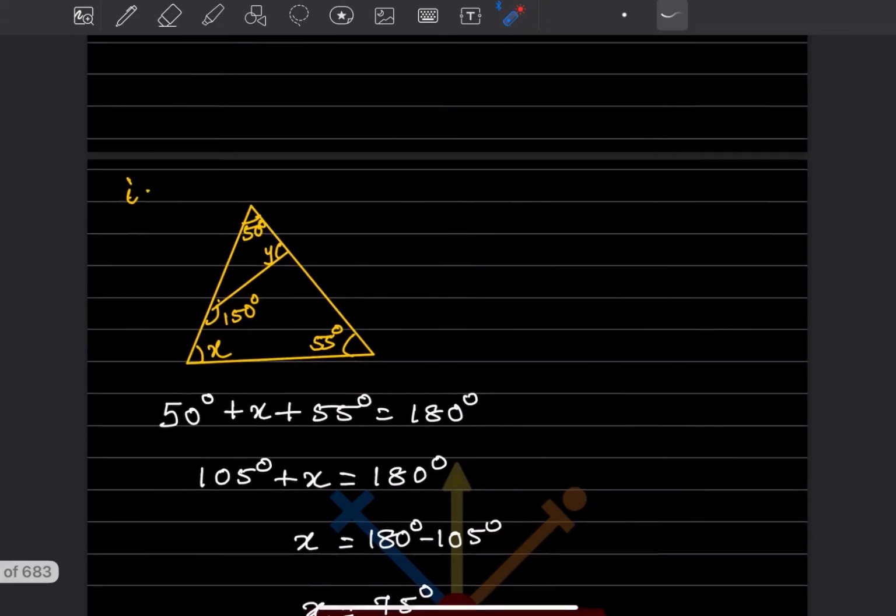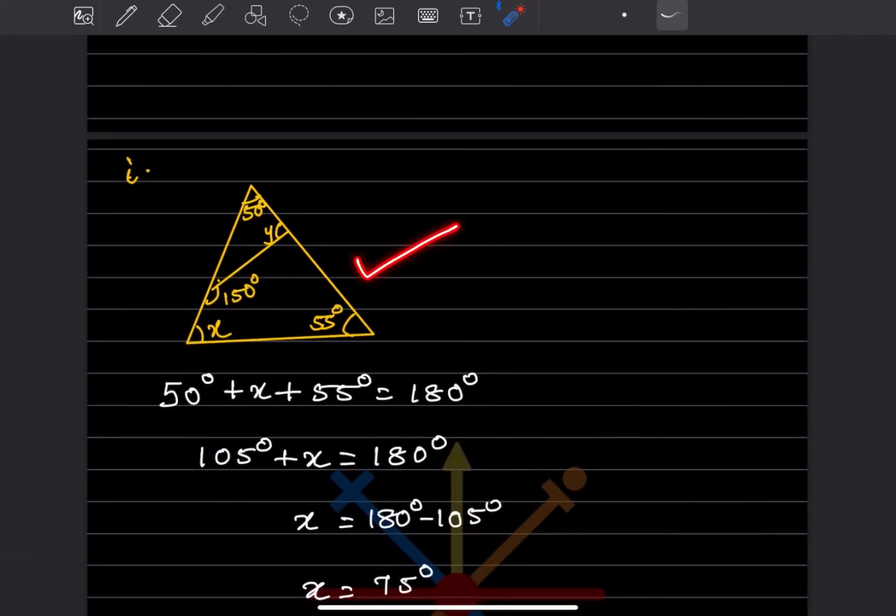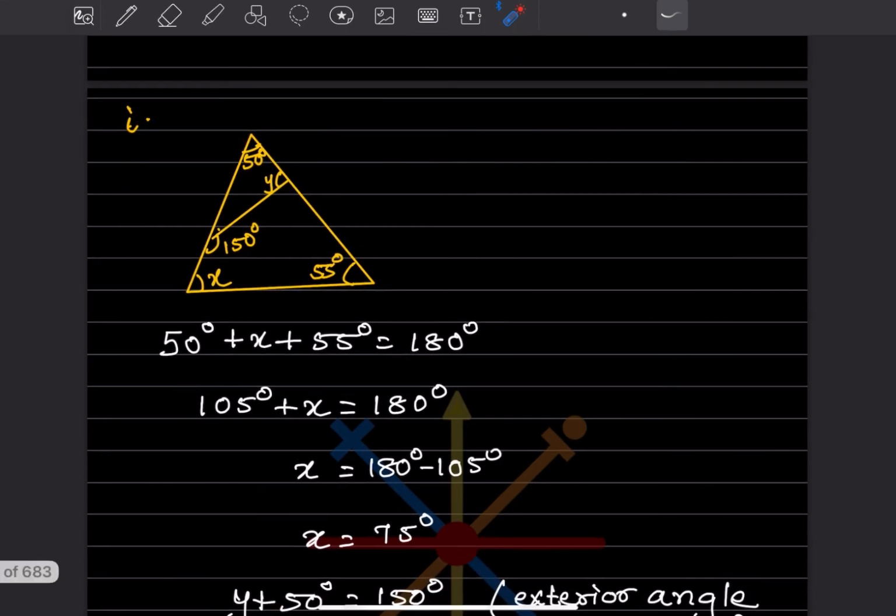So now we will go for this triangle. In this triangle, what you can see, now you don't know this angle. So directly you cannot find out y. So what you know, these two angles, this 50, this 50, we can see here.